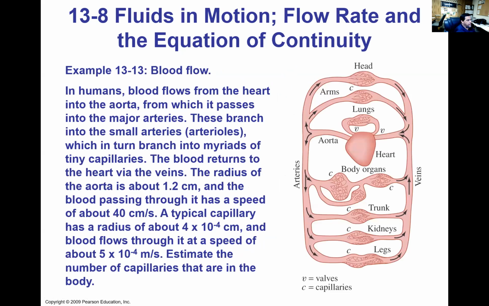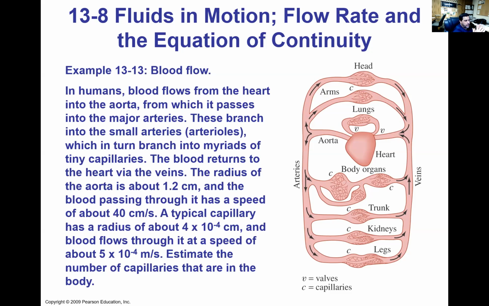One of the examples they give is in the human body. Blood flow goes from the heart to the aorta, which goes into major arteries that get smaller and smaller. Blood returns to the heart via the veins. The radius of the aorta is given as 1.2 centimeters. Blood passes through it at a speed of 40 centimeters per second. That's moving pretty fast.